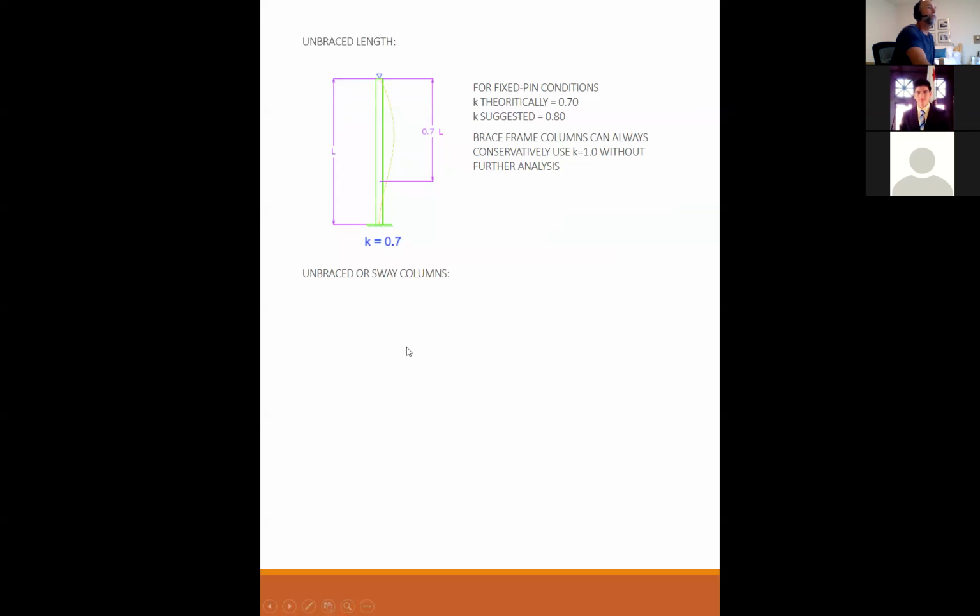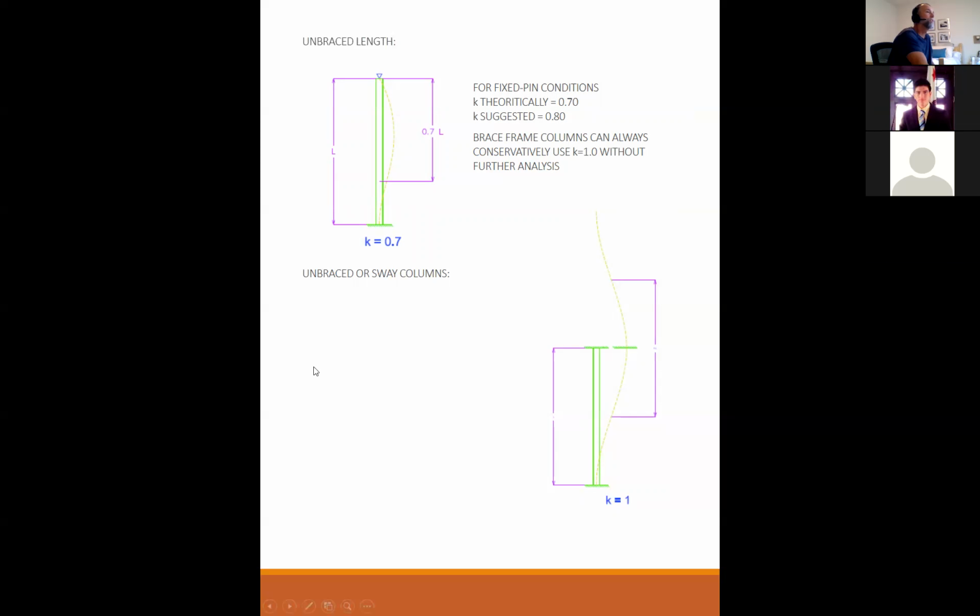For unbraced or sway columns, these are columns that are not relying on some other structural element to keep the building upright. Remember we talked last time about the concrete parking garage at Cal Poly and how some columns are part of the moment frame and other columns are not. They're just tied all together with a concrete slab.